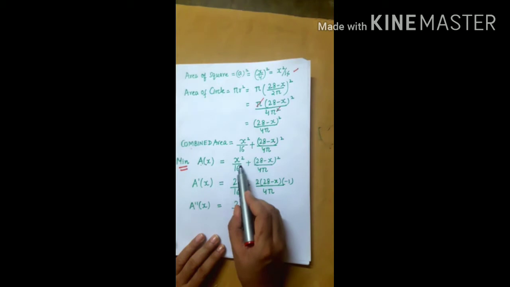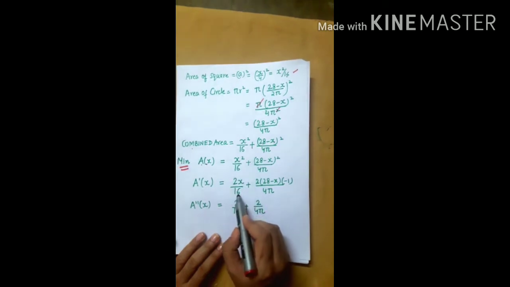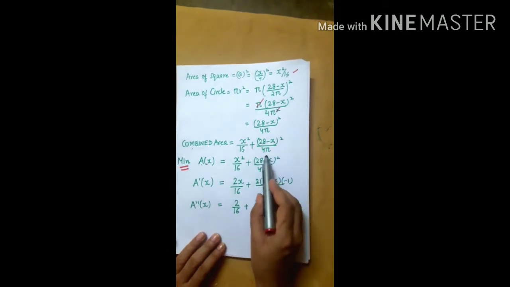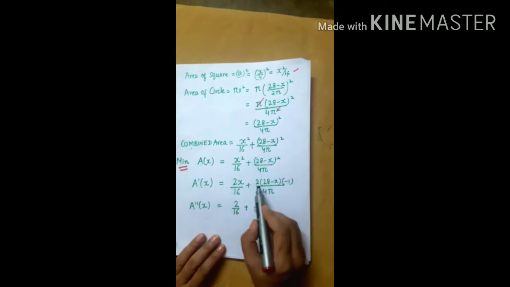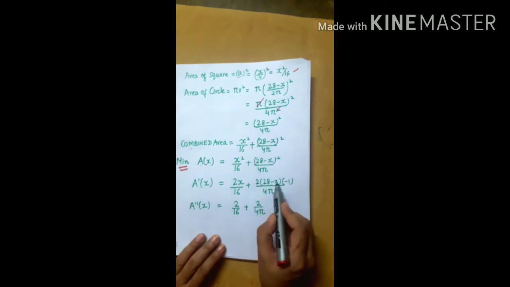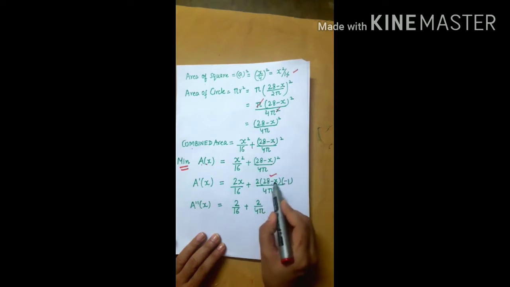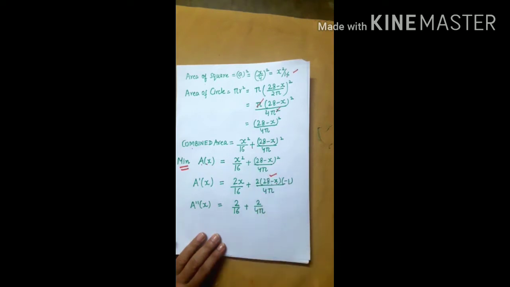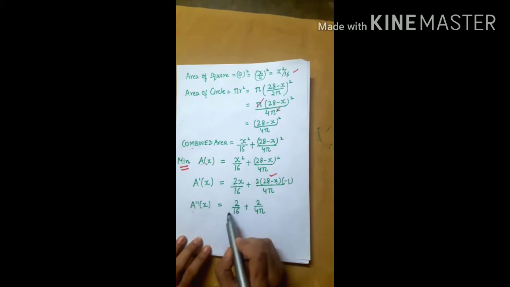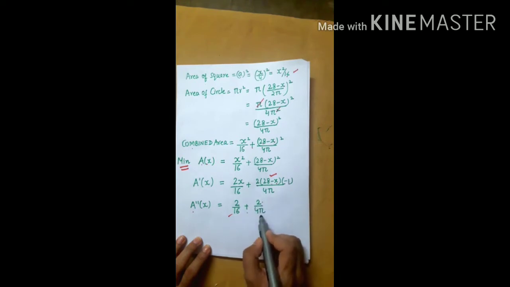Derivative of x squared over 16 will be 2x over 16, and the derivative of the other term will be 2 into (28 minus x) into minus 1 by chain rule over 4 pi. I'll also calculate the second order derivative. The second order derivative will be 2 by 16 plus 2 over 4 pi.